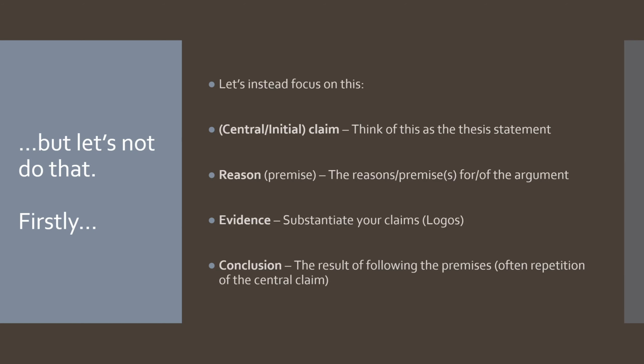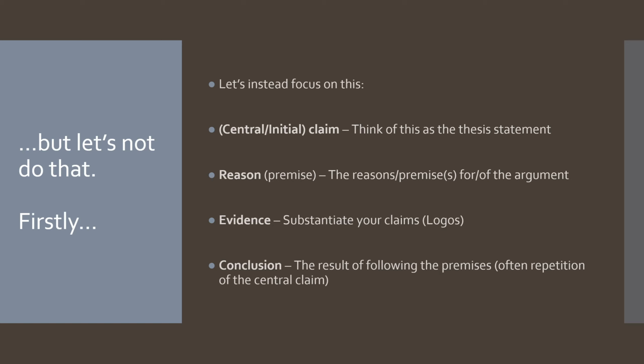But like I said, we are going to look at this from a more generalized perspective, following the first definition that we looked at. And we are going to look at four main constituents, also known as just parts of an argument. They are as follows.